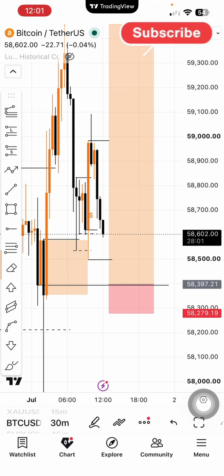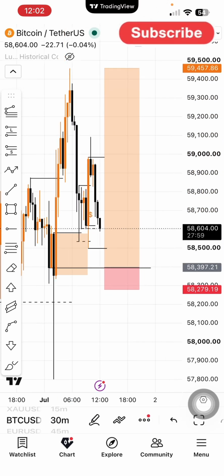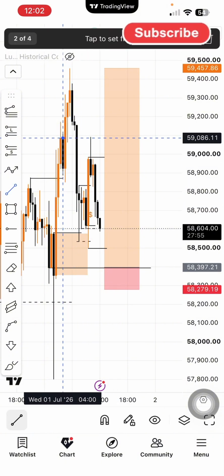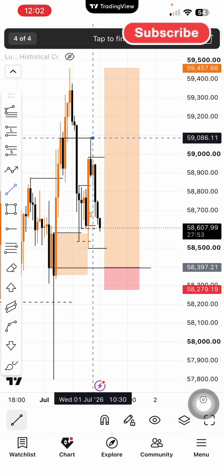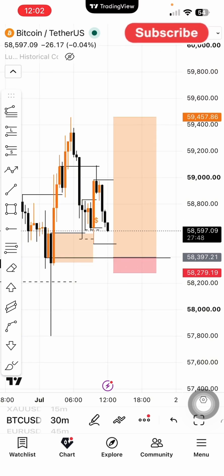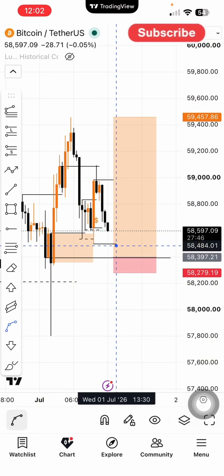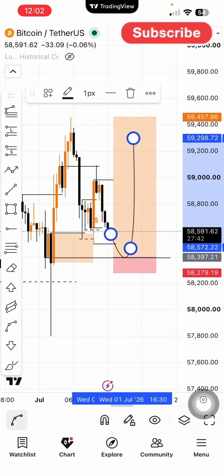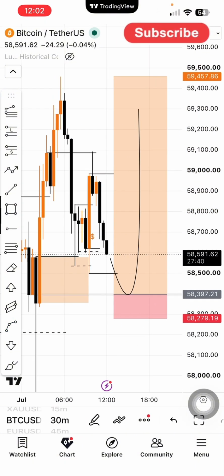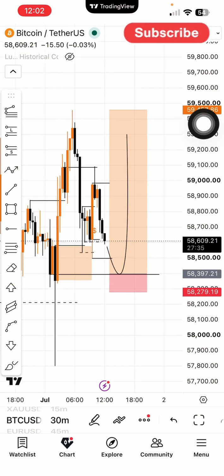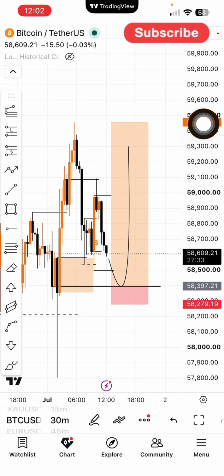So this entry to me is no longer valid because there is a key level at this point which is pushing down the price of Bitcoin. So I'm going to be expecting a buy from this zone. So this is my major buy entry for today for Bitcoin.